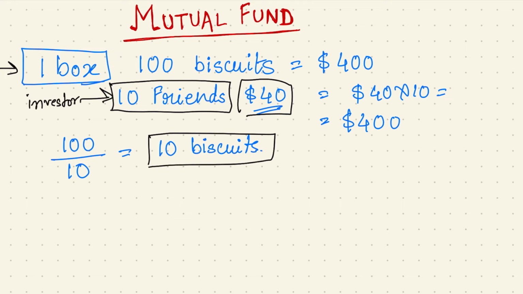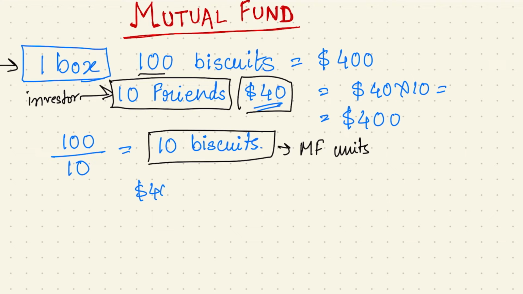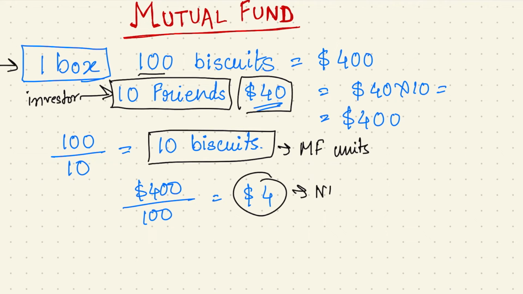These 10 biscuits can be converted into the mutual fund units, which are going to be given to each individual investor. And if 100 biscuits are $400, then what is the individual biscuit packet price? It is going to be $4. So this is going to be the NAV if we convert it into the mutual fund.